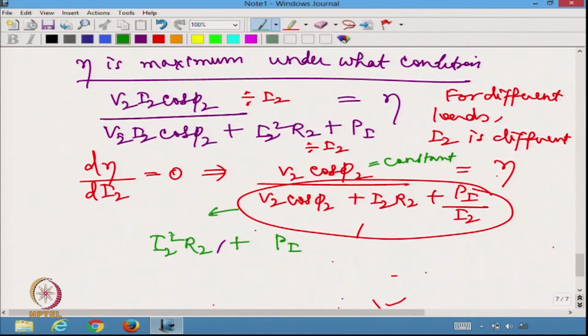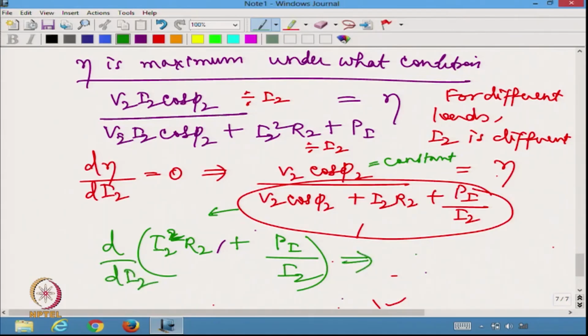So, I will have I2 square R2 equal to Pi.